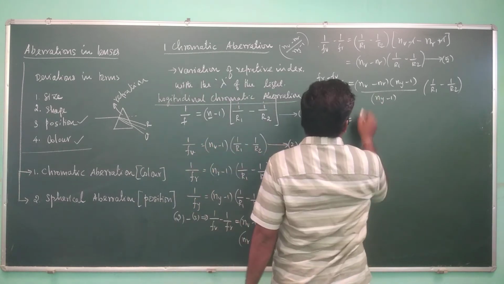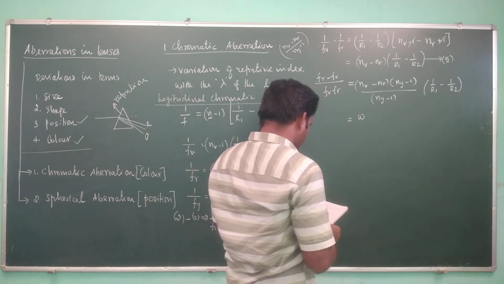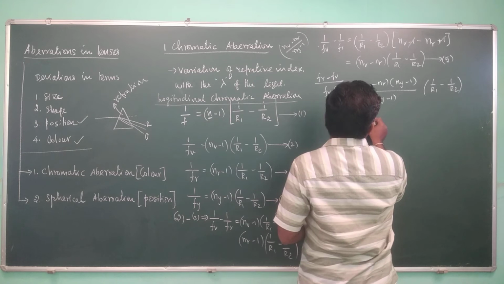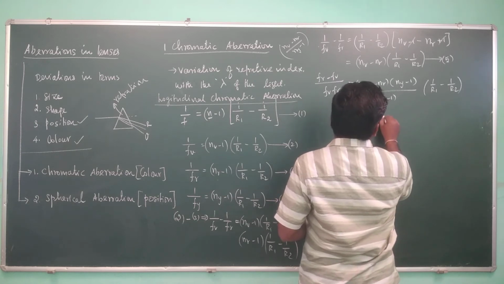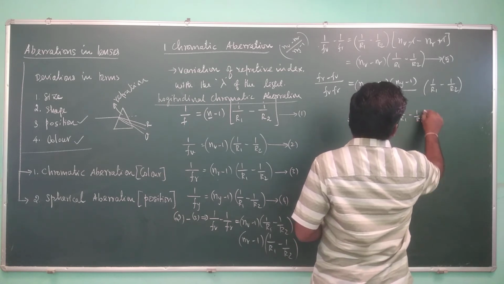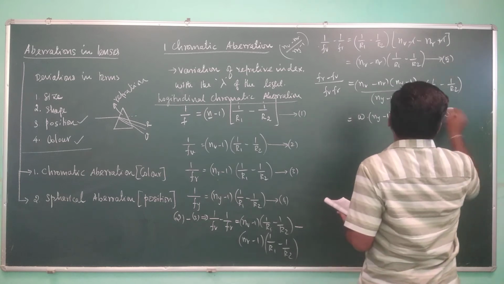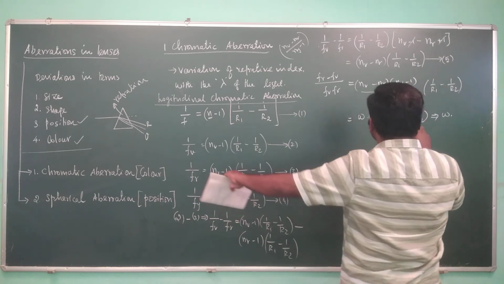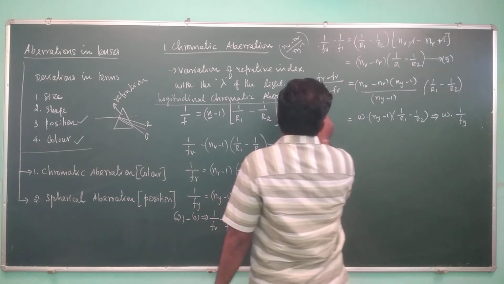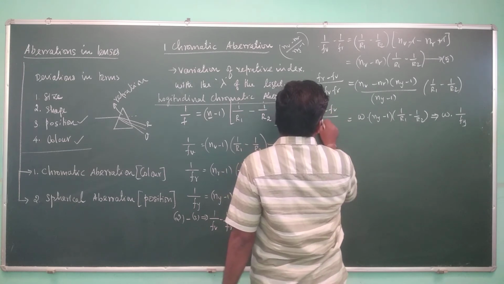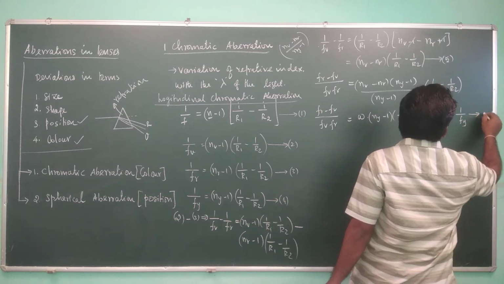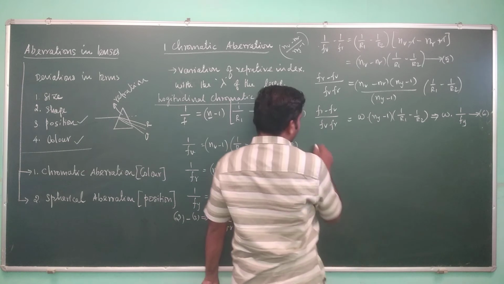So this becomes omega times (NY minus 1) into (1 by R1 minus 1 by R2), which is nothing but 1 by Fy. This side, (Fr minus Fv) by (Fv into Fr), is equal to omega into 1 by Fy. This is equation number 6.